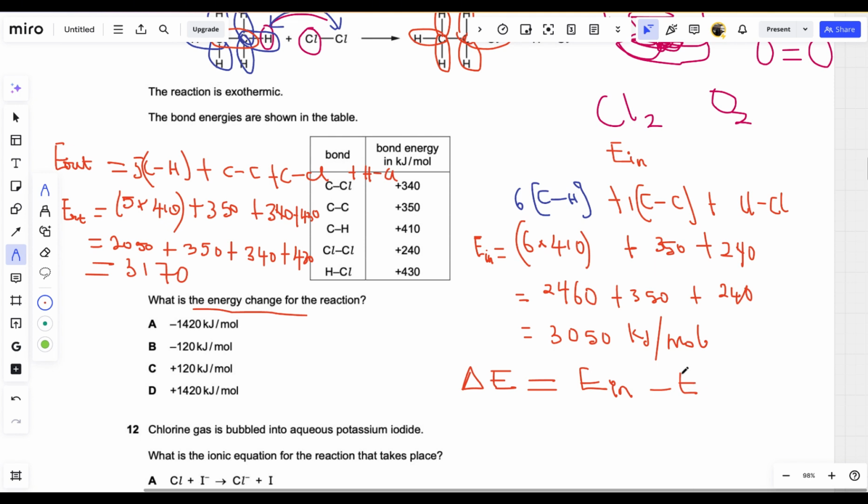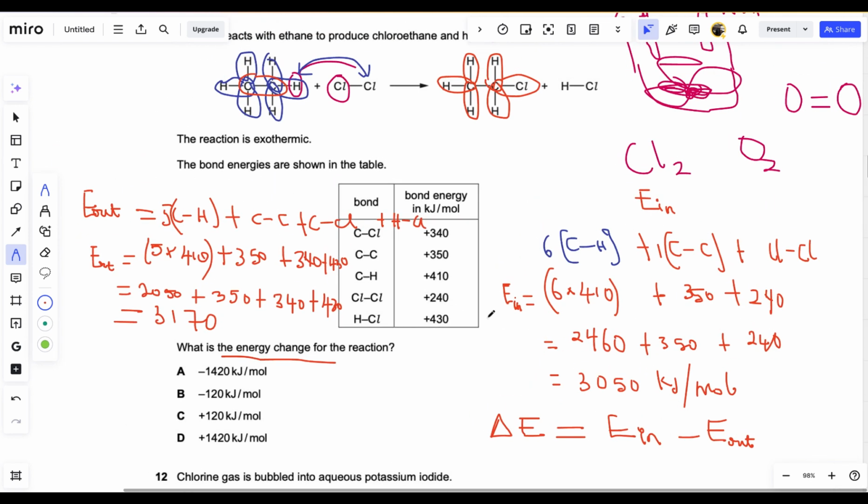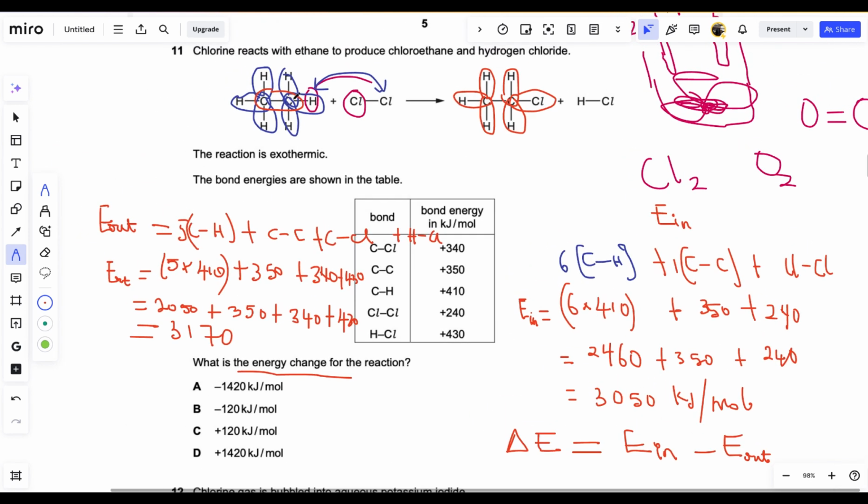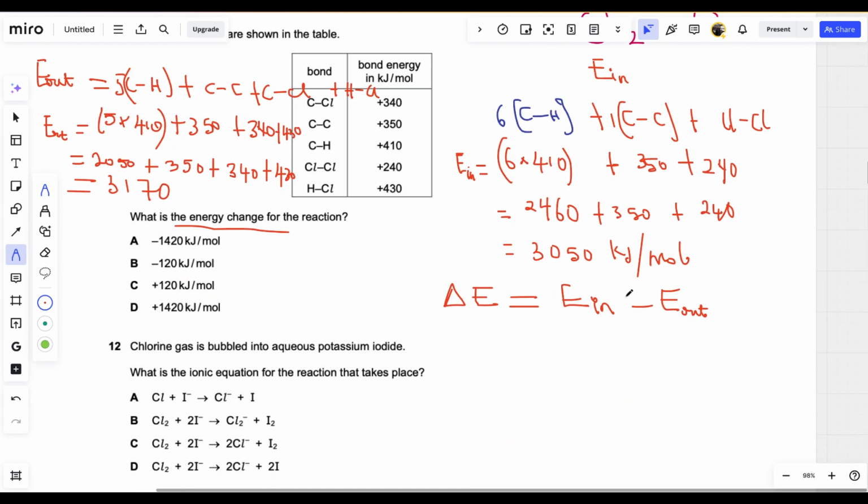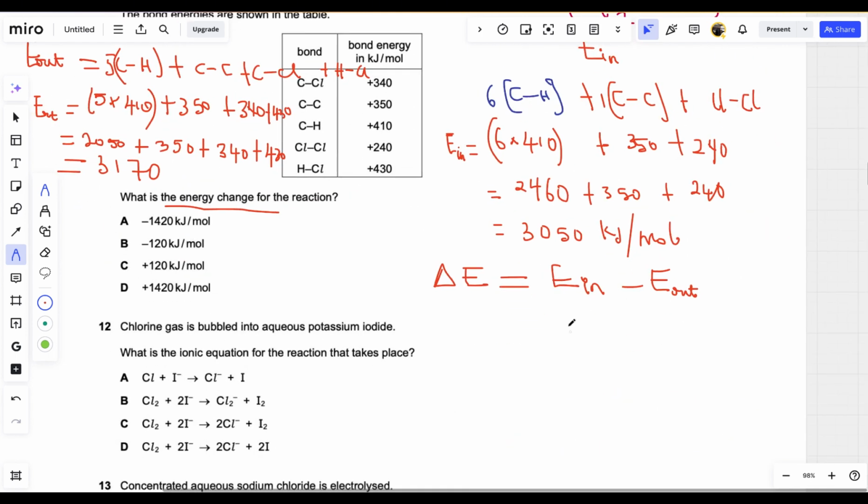You know you have to break the old bond in order to form new bond. So the energy that is used to break the old bond is called energy in. The energy that is used to form these new bonds is called energy out. So the answer you get for energy in, breaking the old bond, is 3,050.